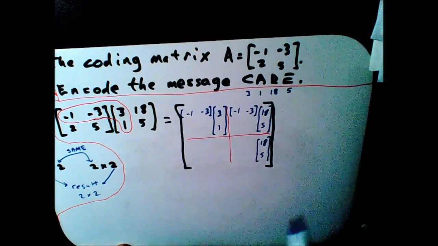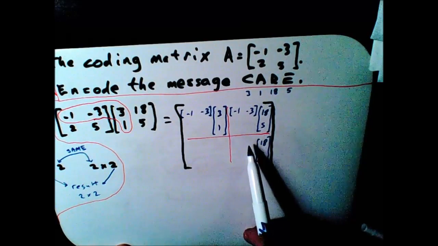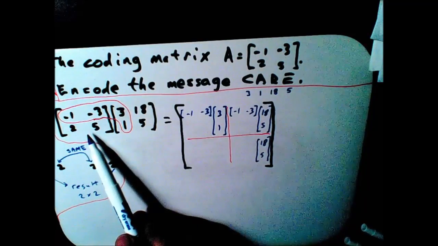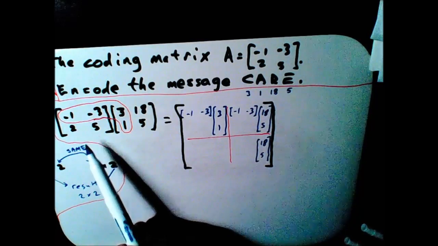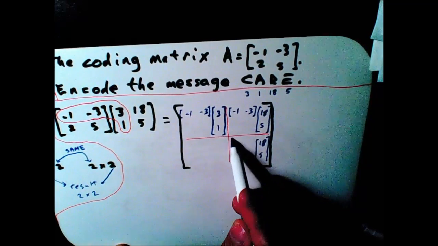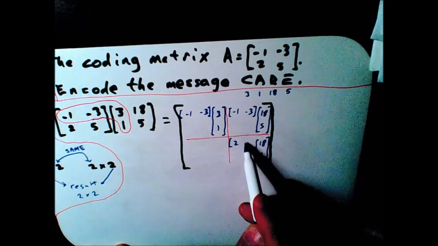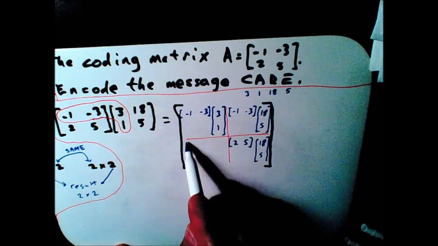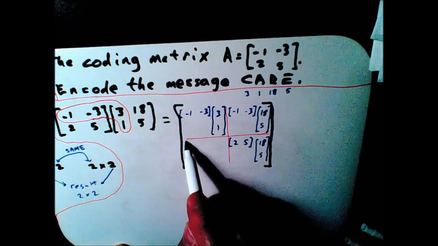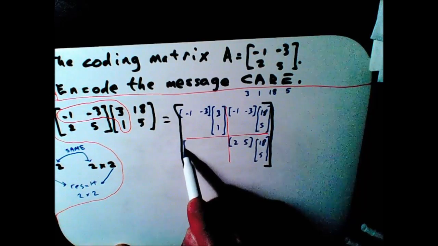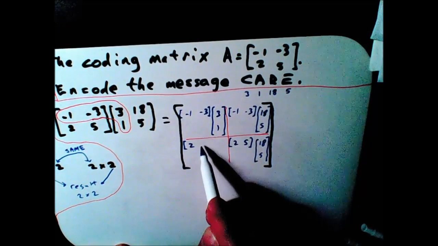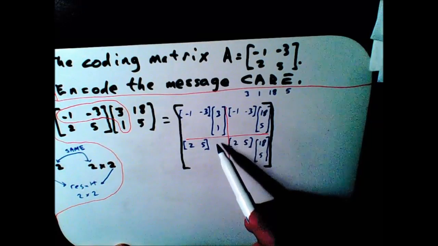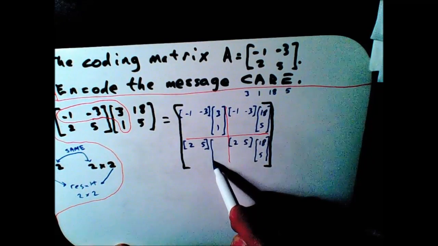And of course, multiplied by that will be the second row of the first matrix, 2, 5. Which will also be used for the second row of this product, first column, and that will be multiplied by column 1 of the second matrix, the column matrix, 3, 1.